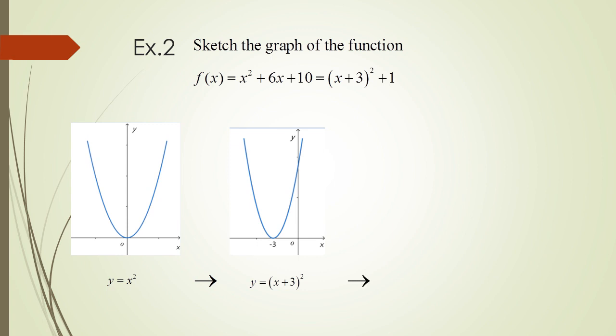Then we come to x plus 3 squared plus 1, which means we shift this middle function curve 1 unit upward. So the vertex coordinate becomes minus 3, 1, which means the x value is minus 3, the y value is 1.